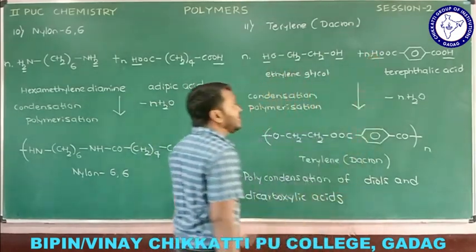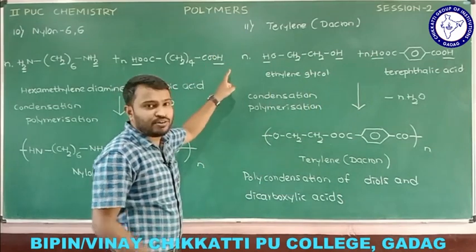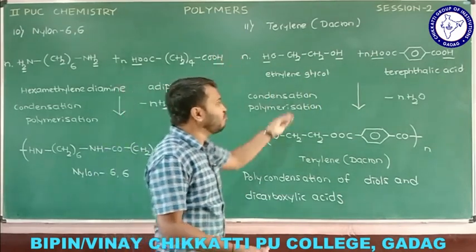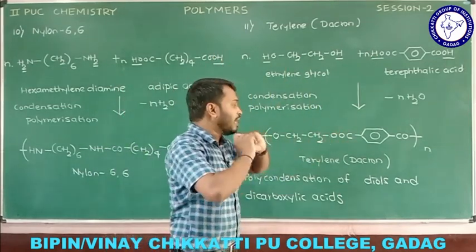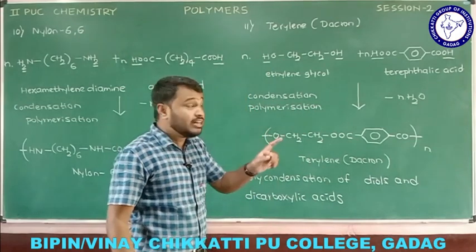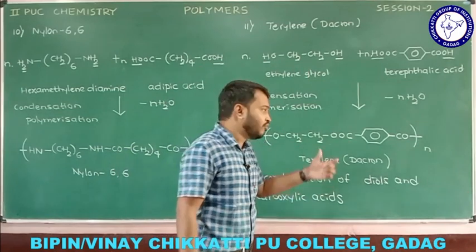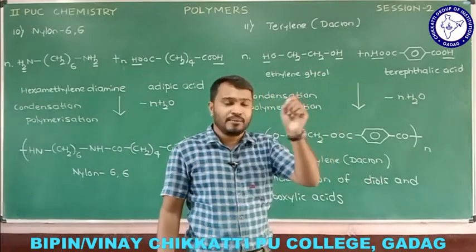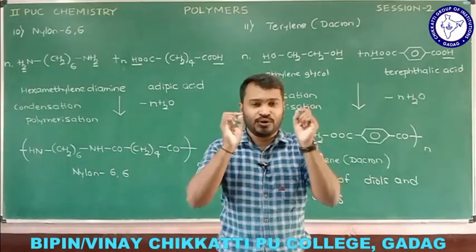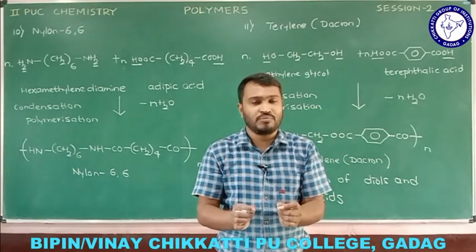It is compulsory to write the n, because one can easily guess that with one monomer or two monomers, you cannot get the polymer unless you have a large number of monomers, then only you are going to get the polymer. That is the basic thing you should know, how to draw the polymer structure correctly.